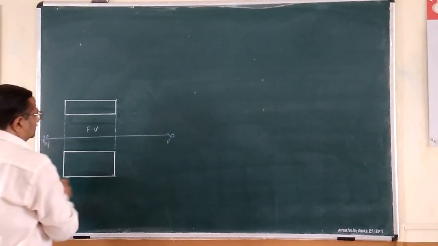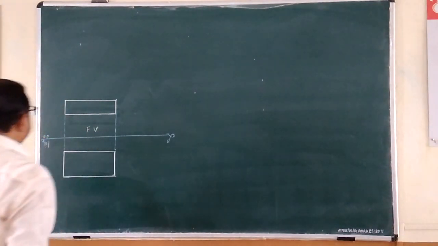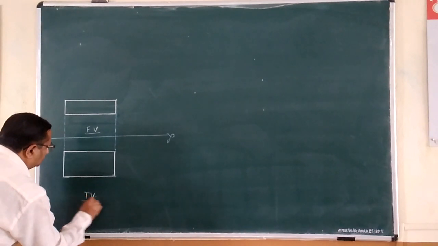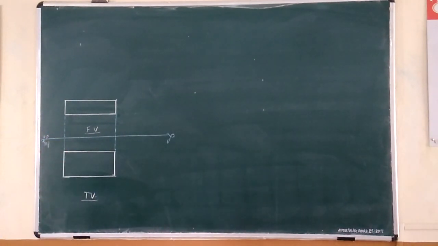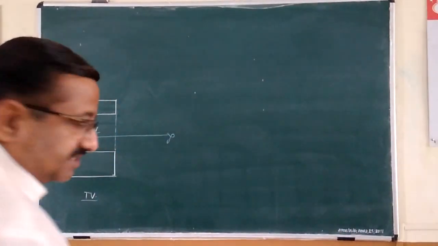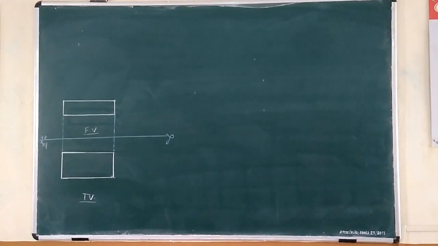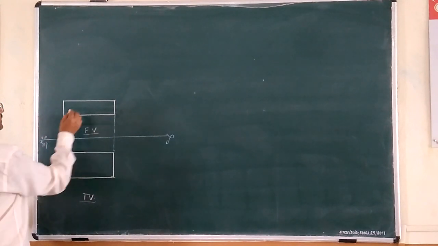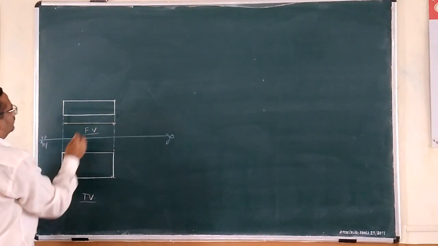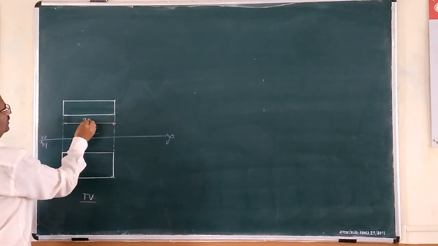So this is a very simple object. Front view and top view of the object are given. Suppose I mention its dimensions also. The front view carries length and height. So length, suppose it is 19.